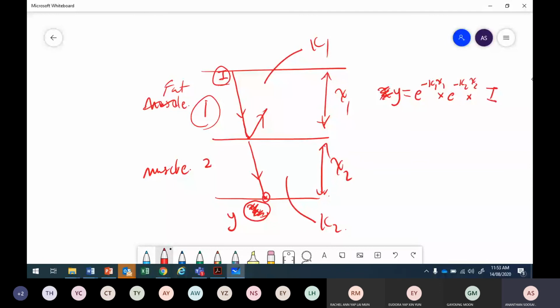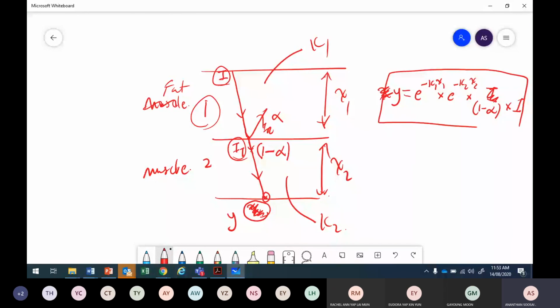But we don't take the reflection, we need the transmitted one. If we take the reflected one, it's alpha. If we take the transmitted one, it should be 1 minus alpha. So here we put 1 minus alpha times I. This is the formula you should write.